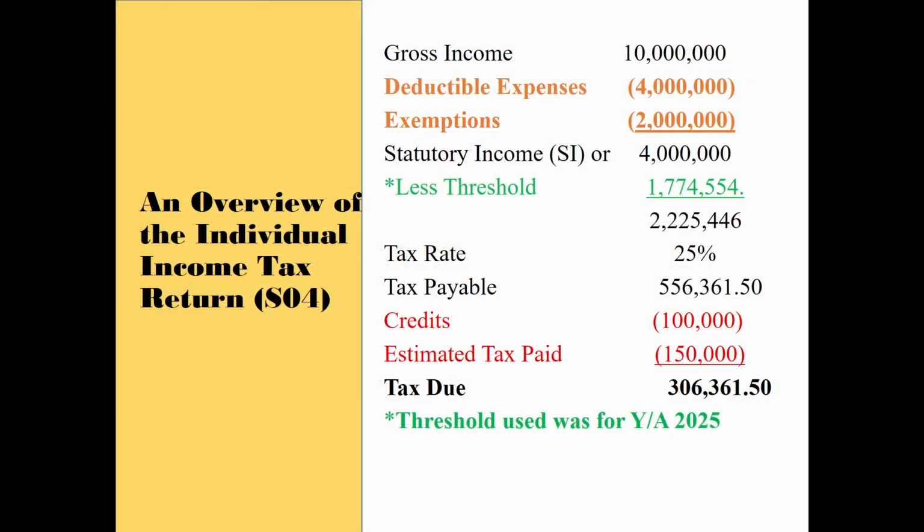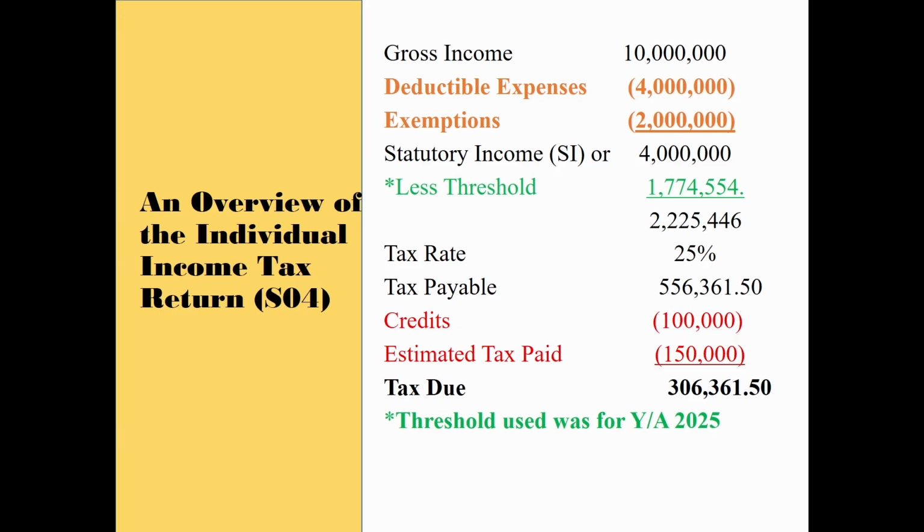So some persons may have losses carried forward. Those can be used to reduce your statutory income that we see above. That $4 million you're seeing right there is your statutory income. Yes. And the credits down below, that $100,000, yes, is also taken from the amount of tax payable.